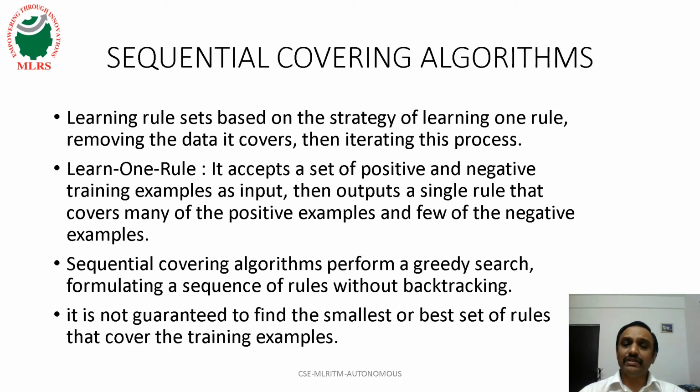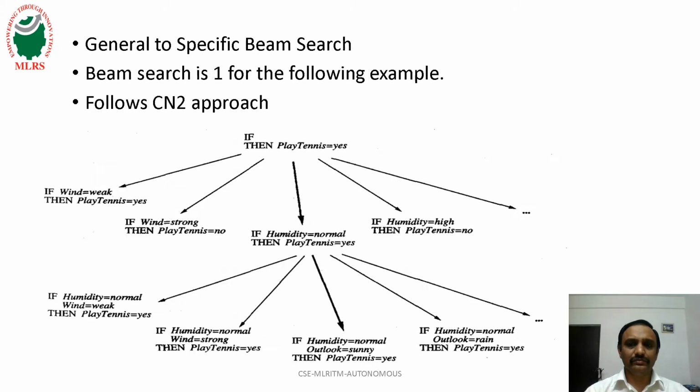These sequential covering algorithms perform a greedy search, and they do not allow backtracking. It is not guaranteed to find the smallest or best set of rules that cover the training examples.